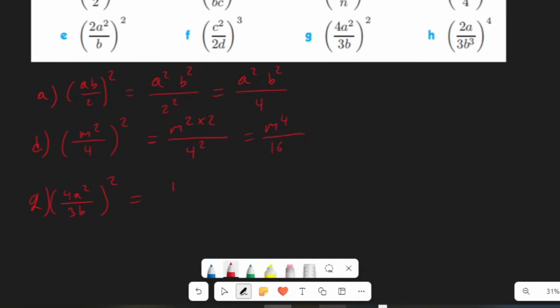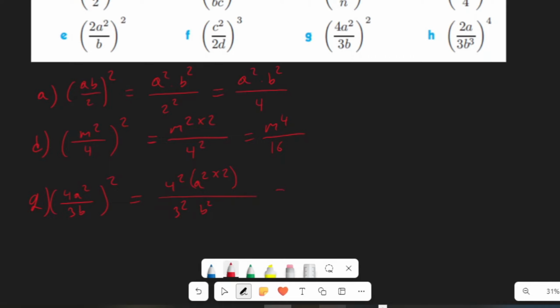We get 4 squared multiplied by a power of 2 times 2, that in bracket, over 3 squared multiplied by b squared.